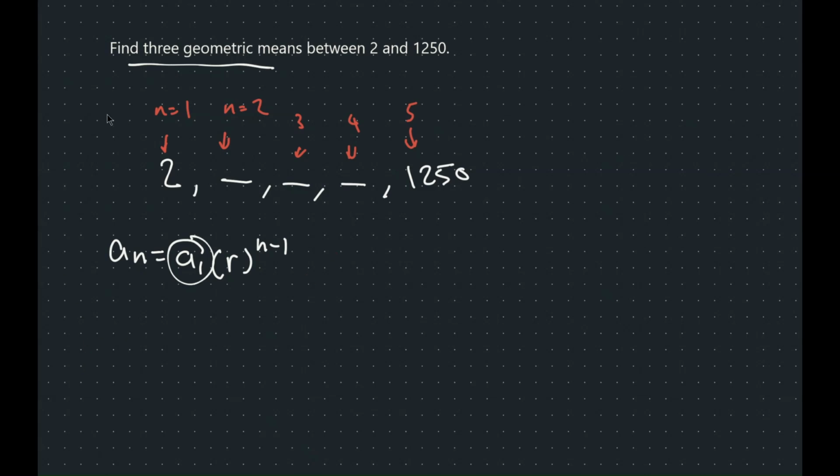So let's write an equation using the information that we got. 1250 is equal to a1, which is 2, times r. We don't know what r is, to the power of 5 minus 1.